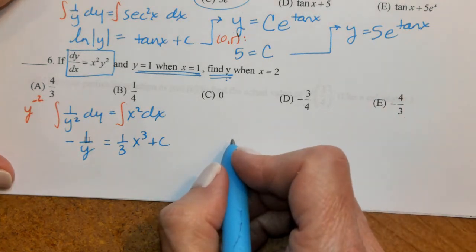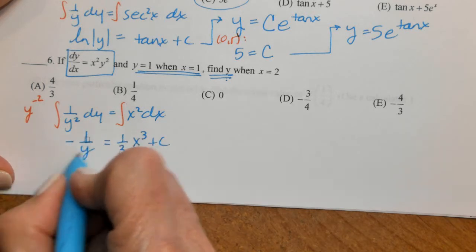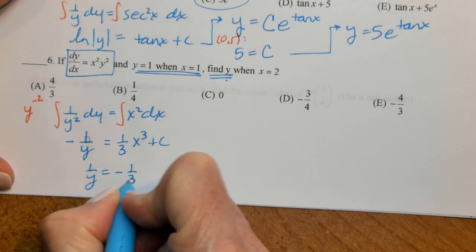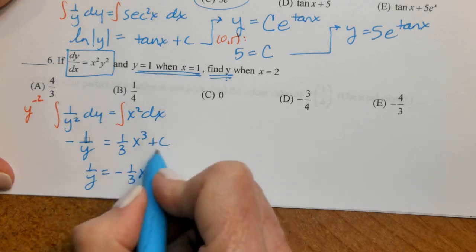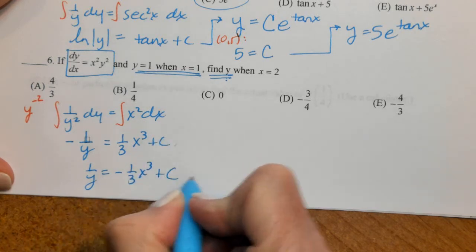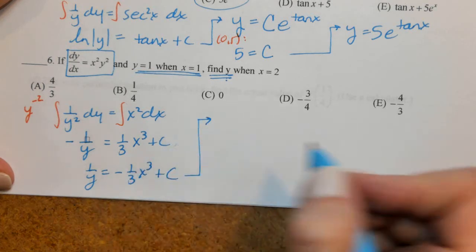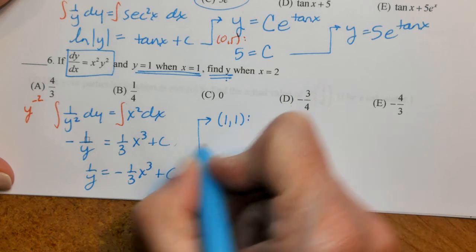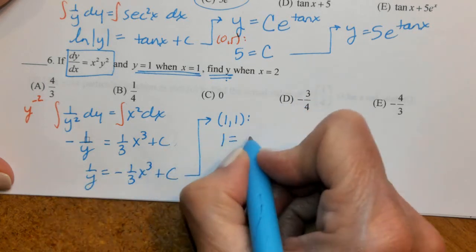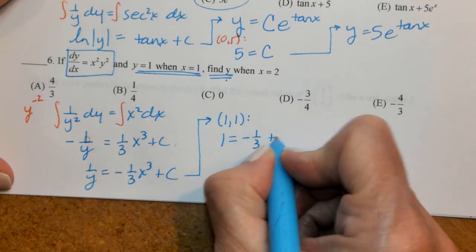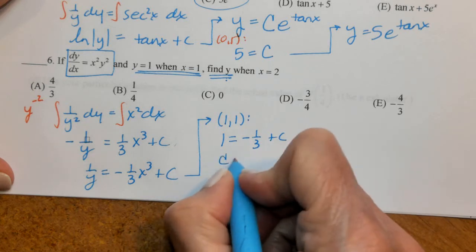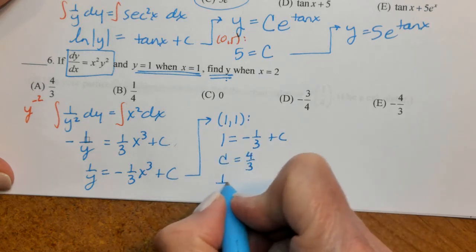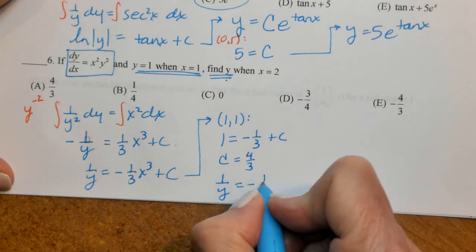And I think I'm going to go ahead and multiply both sides by a negative 1. Negative 1 times c is just another constant. And now I think I'm going to plug in my points. So I'm plugging in 1, 1. So I get 1 is equal to negative 1/3 plus c. I'm adding 1/3 to both sides. So c is 4/3. And now I get this.